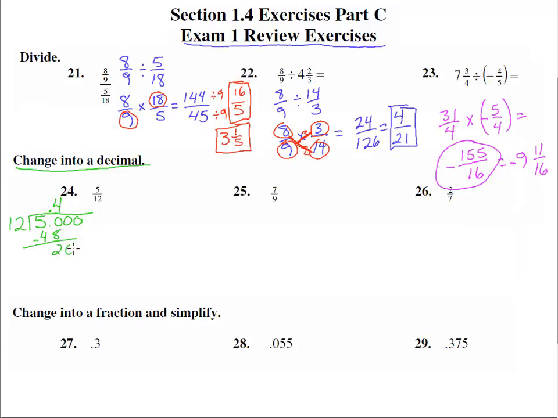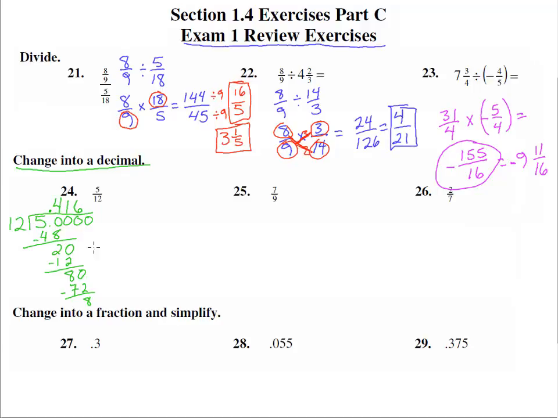Drop down the 0. 12 goes into 20 just one time. 1 times 12 is 12. Subtract and we get 8. Drop down the 0. 12 goes into 80. How many times? 6 times. 6 times 12 is 72. Subtract, 80 minus 72 is 8.